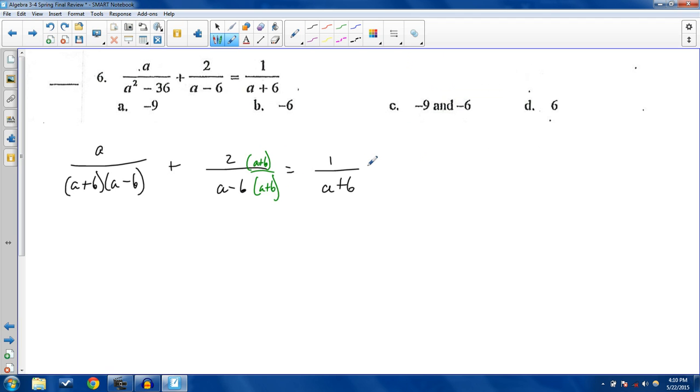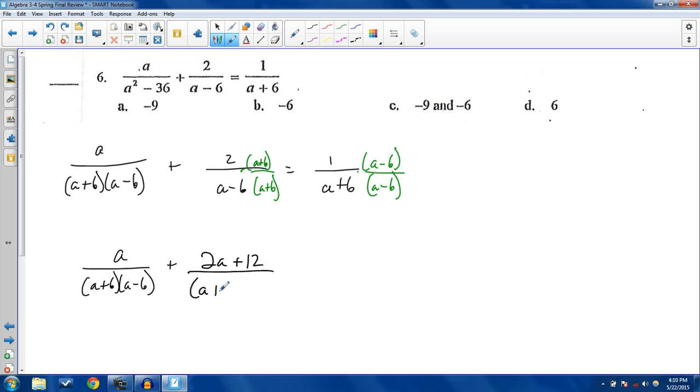If I multiply this by A minus 6 over A minus 6, then as you can see, we have a common denominator. So that becomes A over A plus 6 times A minus 6, plus 2A plus 12. If I distribute that on the bottom, I'll just keep it as A plus 6 times A minus 6, equals A minus 6 over A plus 6 times A minus 6.